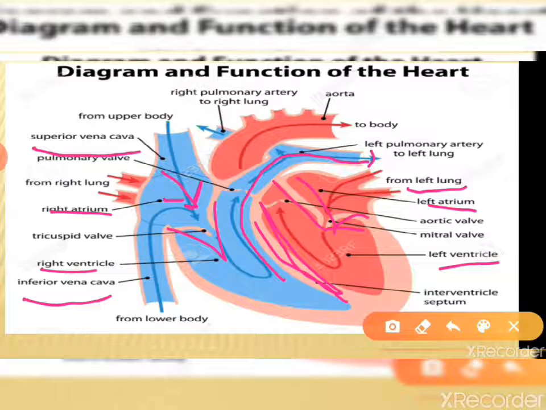And from the left ventricle, it is sent to the whole body through the largest artery called aorta. In this way, the circulation of blood takes place inside the heart.